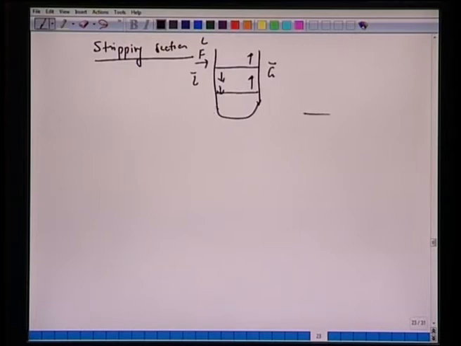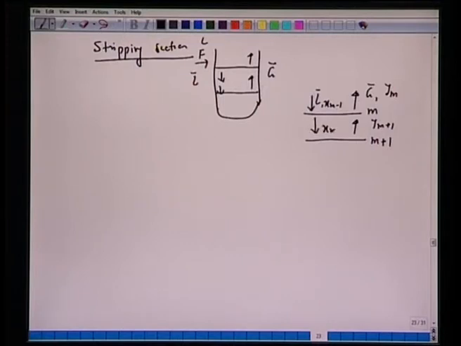We can choose a plate m, so the vapor leaving is G bar, liquid arriving here is L bar, the small fraction will be Ym, the small fraction will be Xm minus 1. We have m plus 1, this vapor is Ym plus 1, this liquid is Xm, but the same molar flow rate, no suffix here, G bar.